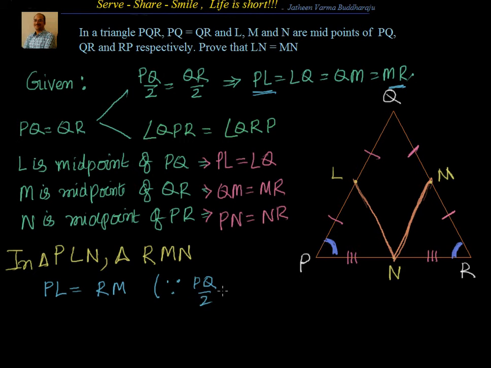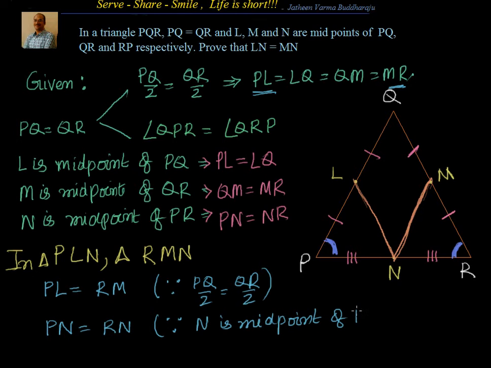Because PQ by 2 is equal to QR by 2. That is how we got PL equal to RM. And we also know PN is equal to RN. How we know that? Because N is midpoint of PR.